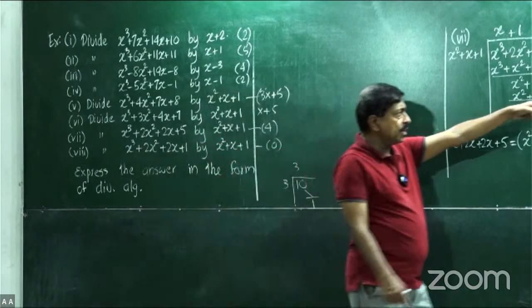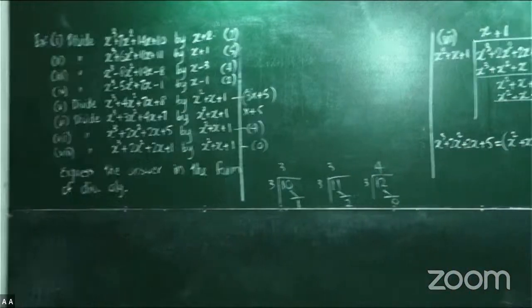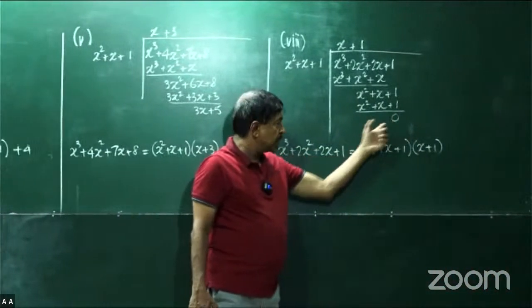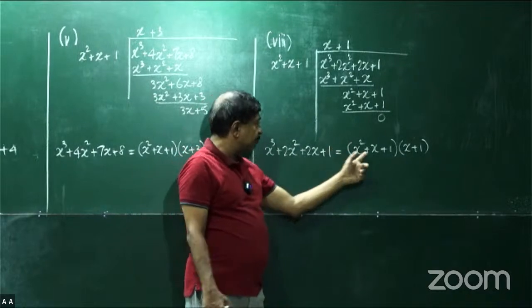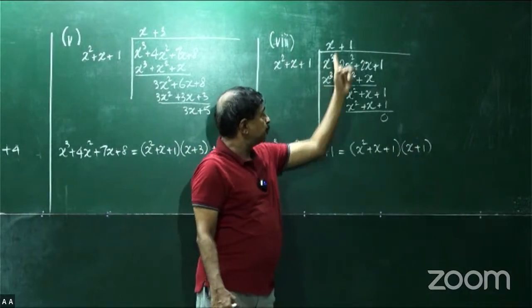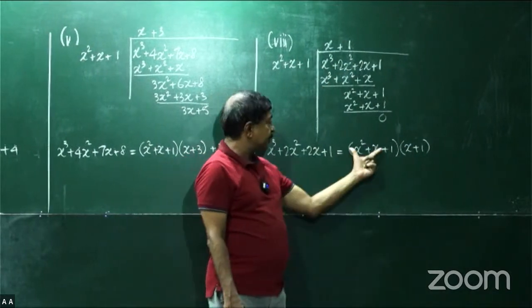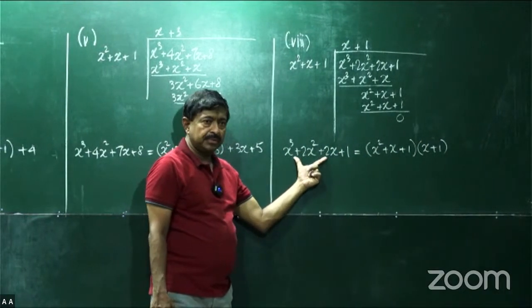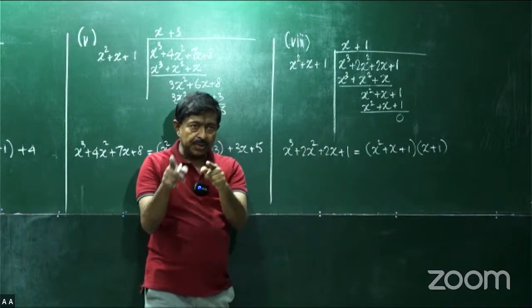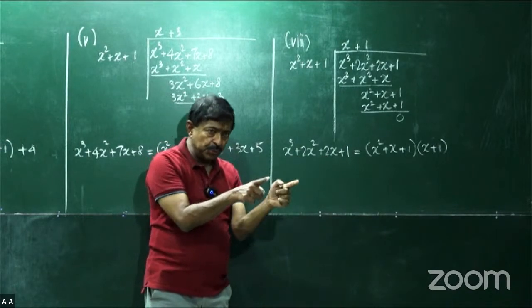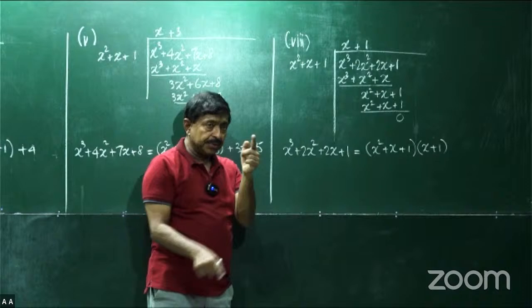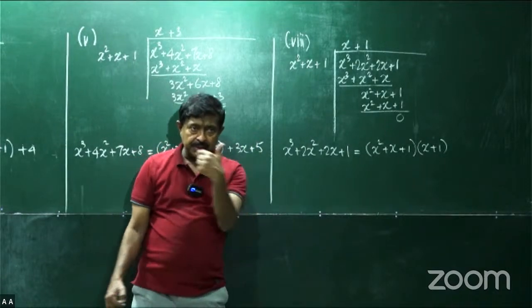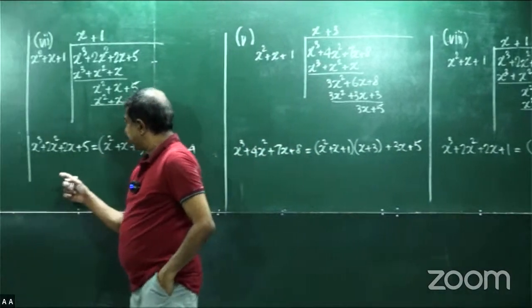The same thing is there in the polynomial case. When the remainder is 0, you can write this one like the product of these two. So in that case, you can say x squared plus x plus 1 is a factor of this. Now, if you write 12 is equal to 3 times 4, 3 is a factor of 12.